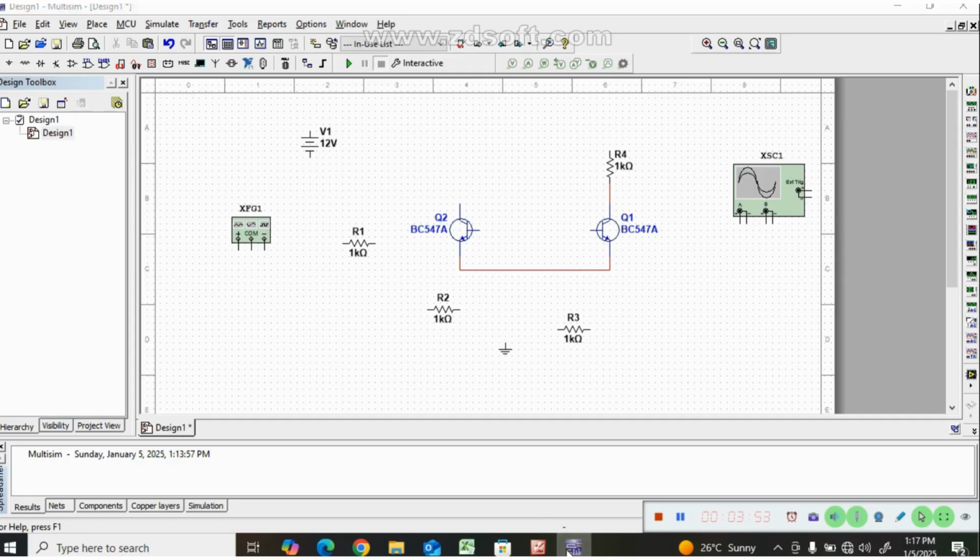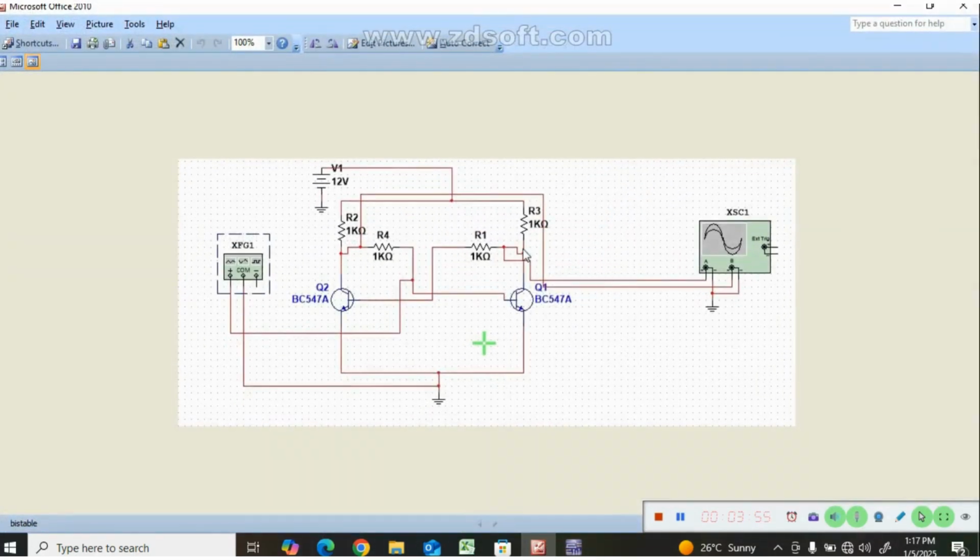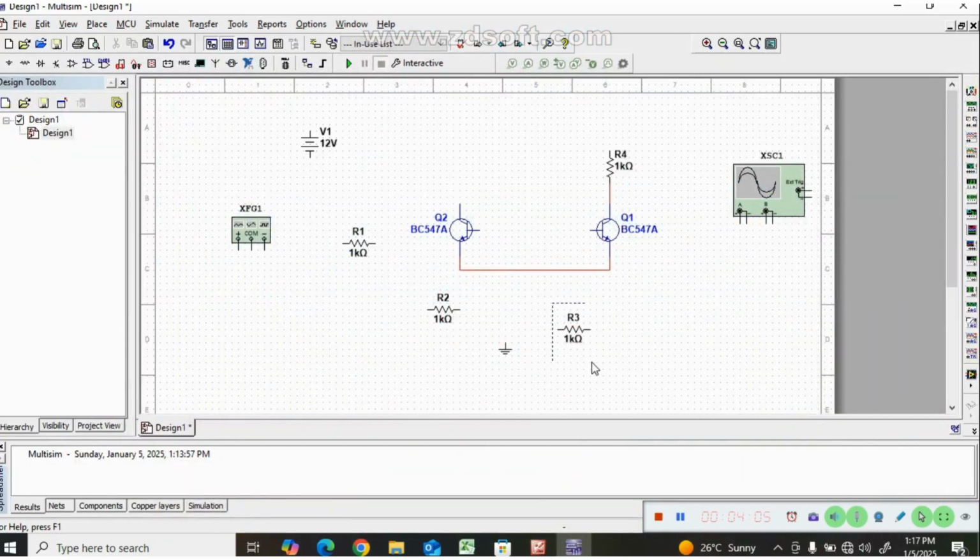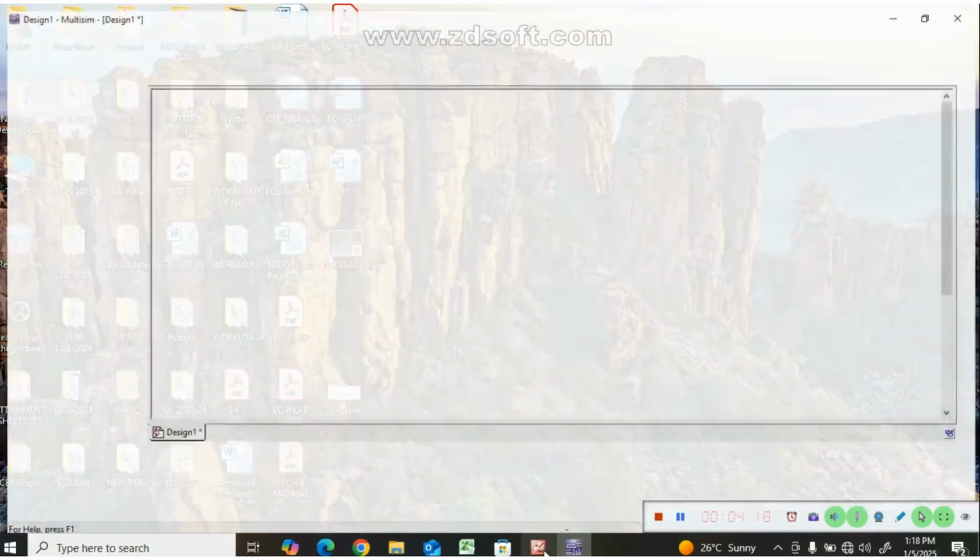From the same point we have another 1 kilo ohm resistor. The other end of the resistor goes to the base of the second transistor.